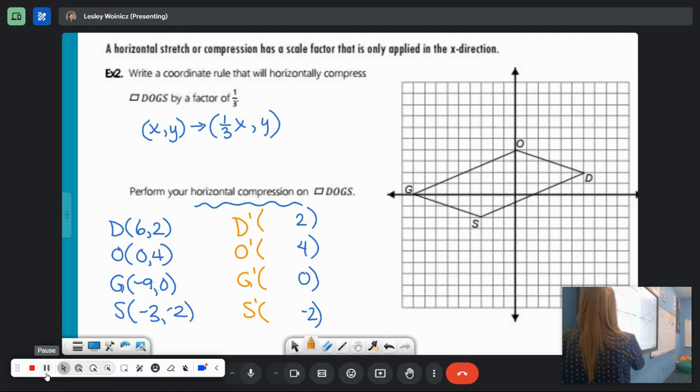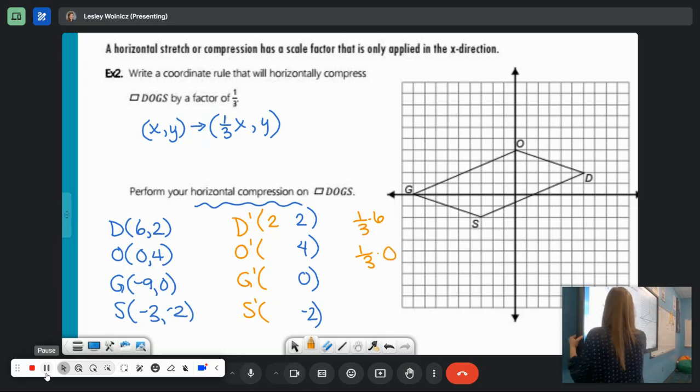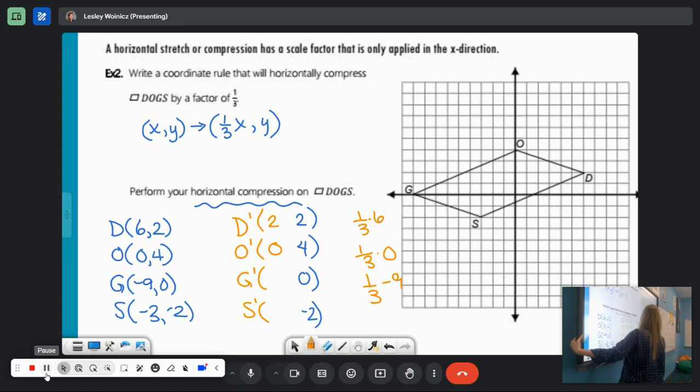So now we just need to know, like, what's 1/3 of 6? 2. What about 1/3 of 0? Oh, they were nice to us on that one. What 1/3 of negative 9? Negative 3. And 1/3 of negative 3. Yeah.